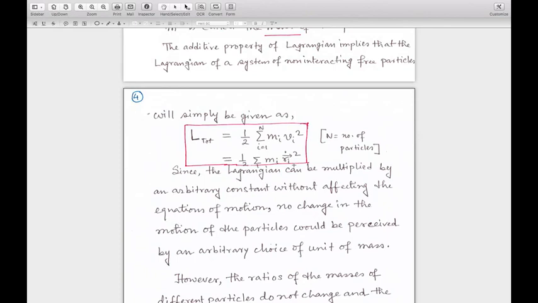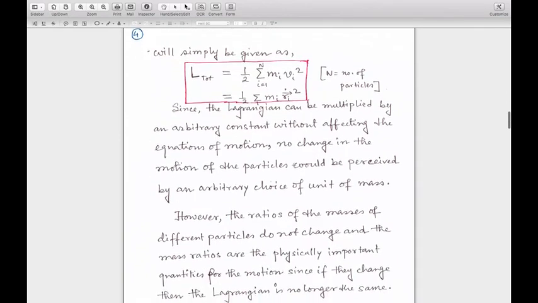Now, since the Lagrangian can be multiplied by an arbitrary constant without affecting the equations of motion, basically no change in the motion of the particle would be perceived by an arbitrary choice of units of mass. That means you can simply write your m_i as 10 m_i or 100 m_i or 1/10th m_i, whatever it be.